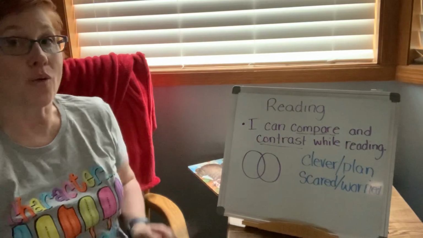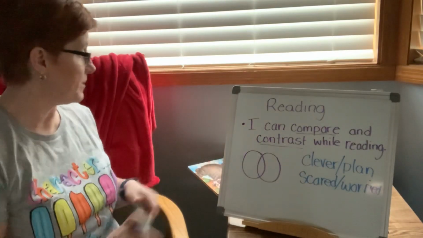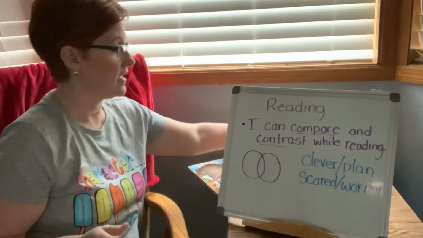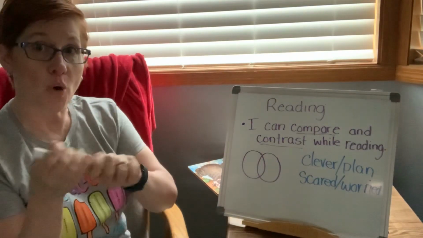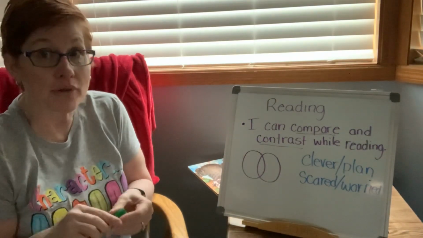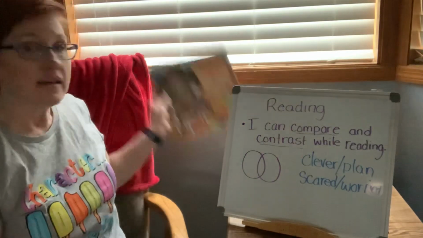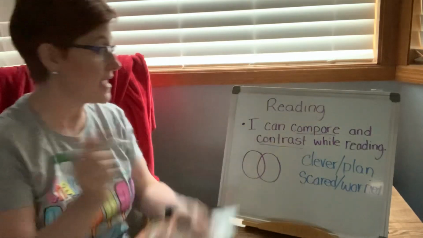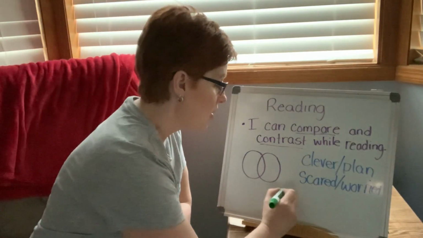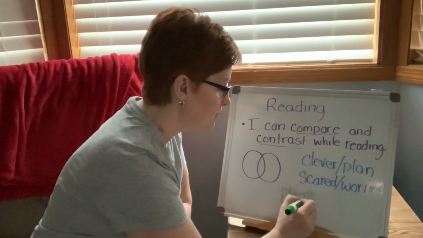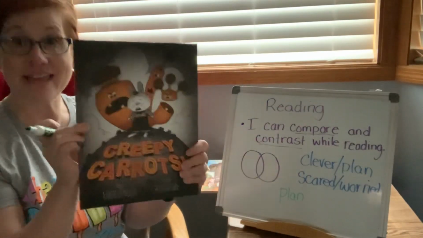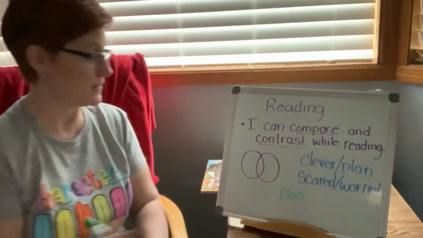Now, the thing, though, that is the same, and I have that word plan there, is that both of the rabbits did come up with a plan, right? This rabbit in Tops and Bottoms, he just came up with his plan right away at the beginning of the story, where Jasper came up with a plan finally by the end of the story to fix his problem, okay?